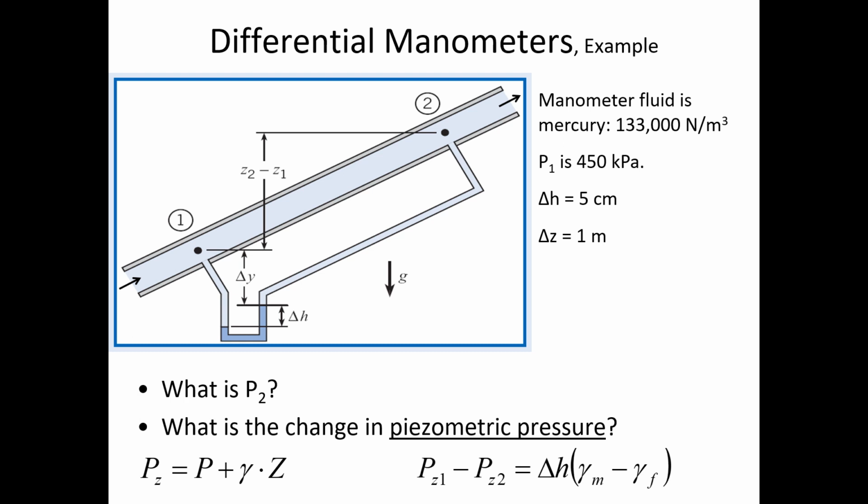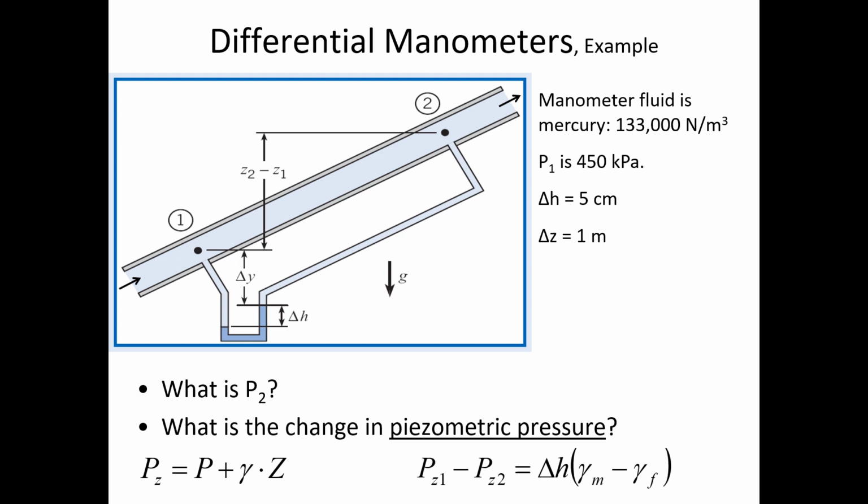So now I'm going to go up, so minus delta H times the unit weight of mercury, Hg, minus delta Y times gamma of water, minus delta Z times the unit weight of water, and that is how you get to location 2. So all of that is going to be equal to P2.